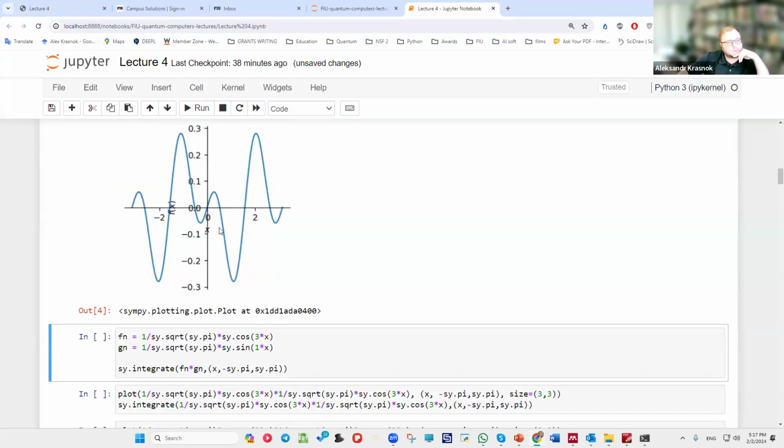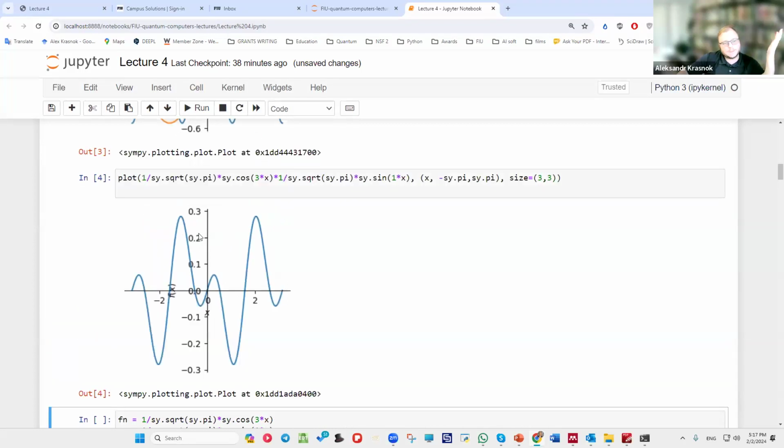So now I say that if I integrate this function from minus pi to pi, I will get 0. And why so? Well, we know that the integral is the area under the function, under this plot.